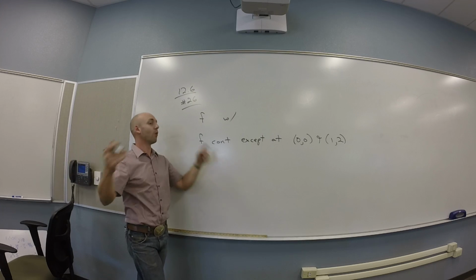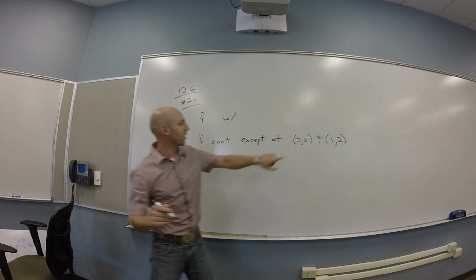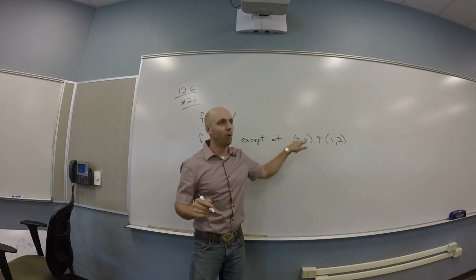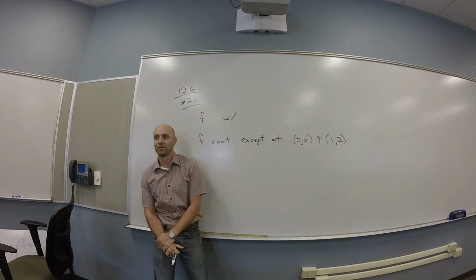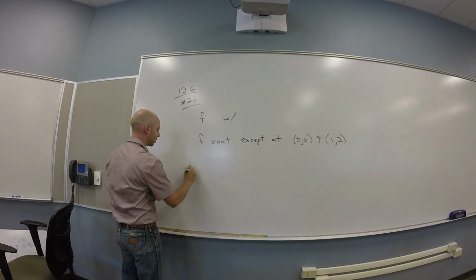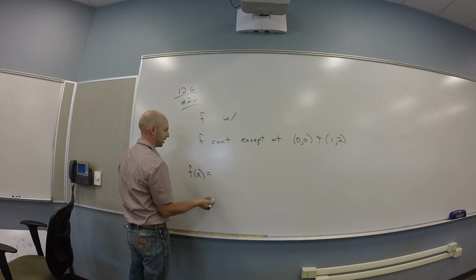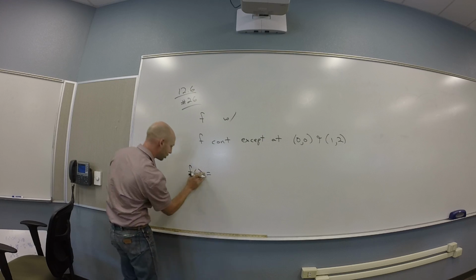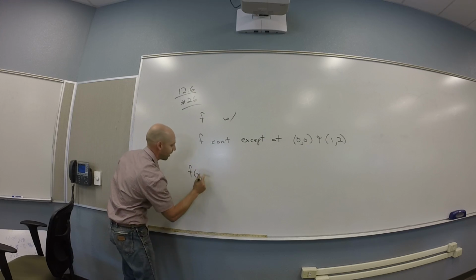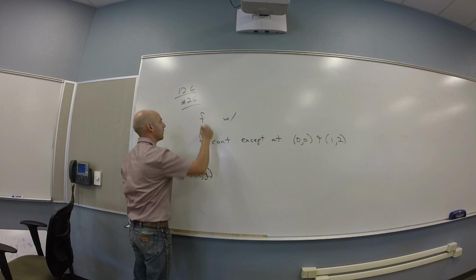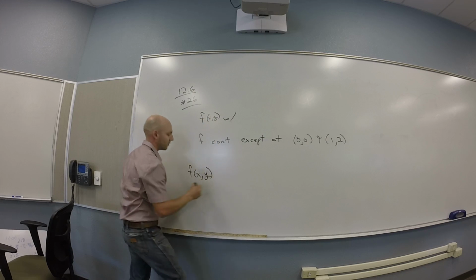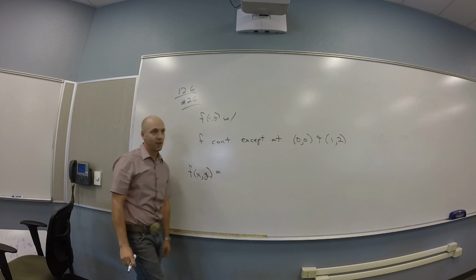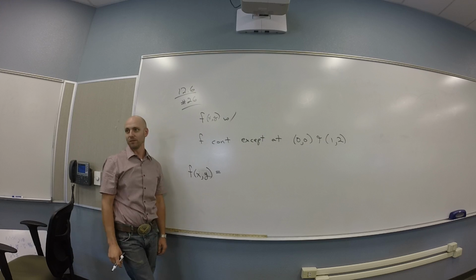So what I need to do is figure out a way to make these 2 points cause division by 0. So 1 over x for the center part. Okay, so I might just start with f of x and y, right? Start with your favorite continuous function. What's your favorite easy continuous function?